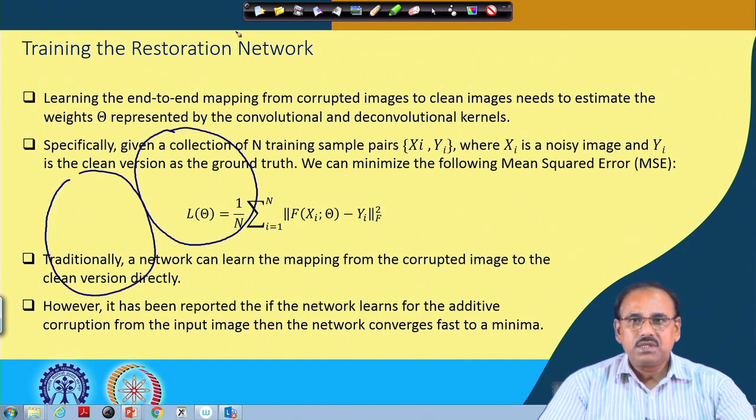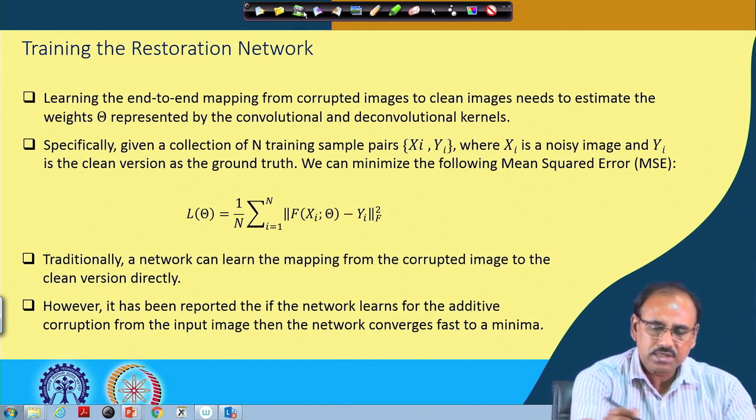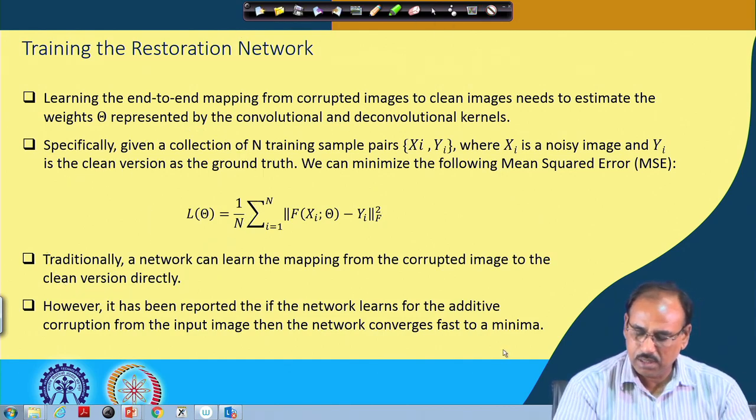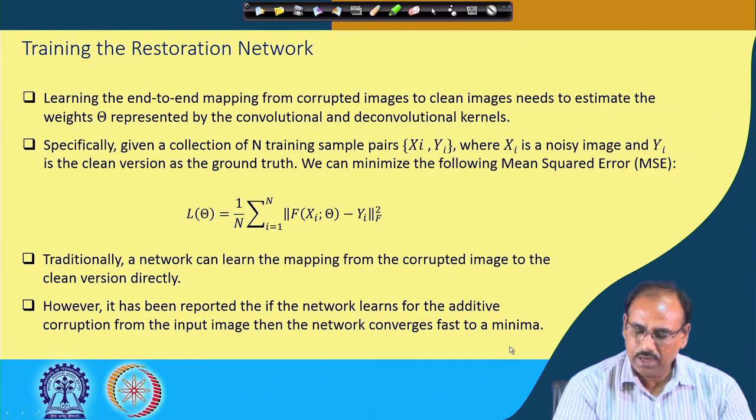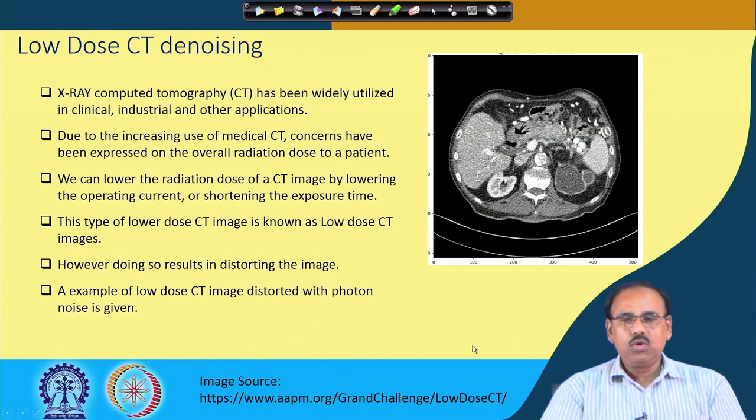There are other applications of the same approach, as has been suggested, such as low dose CT denoising. When you take X-ray CT images, if you increase the X-ray energy or the dose, then your image will become clean.